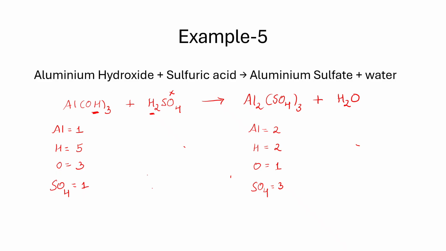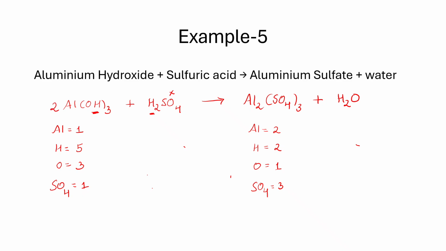All right. So there are two approaches to this. We can again use the approach of converting the odd number of atoms to evens, or we can go ahead with the approach of balancing the aluminum first. So let's balance the aluminum atoms first. If we see that on the right side we have two aluminums, we can just multiply 2 here.